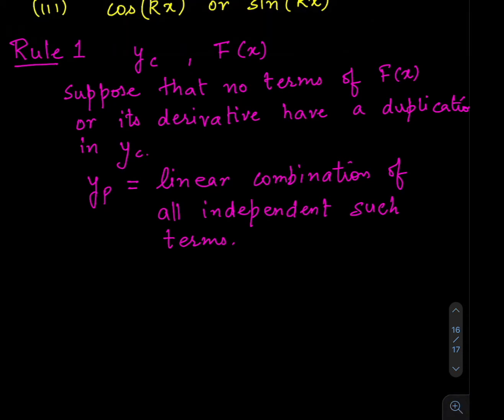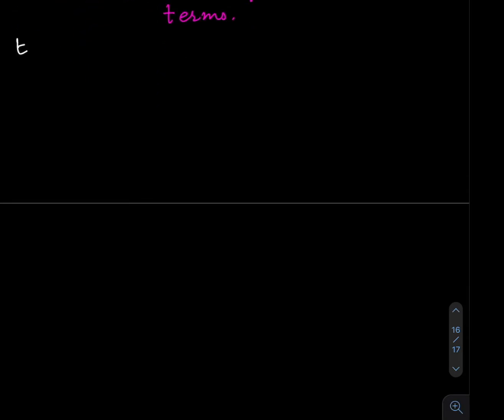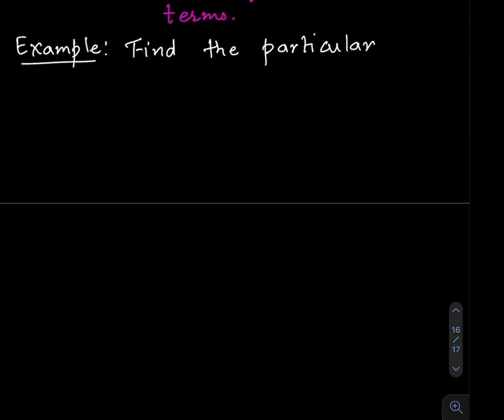Let's see one example and then it will be more clear to you. So our first example is, we want to find the particular solution for this ODE, y'' + 4y = 3x^2.